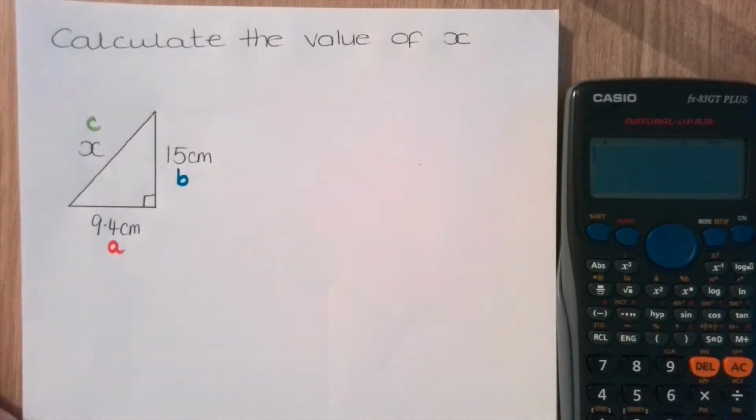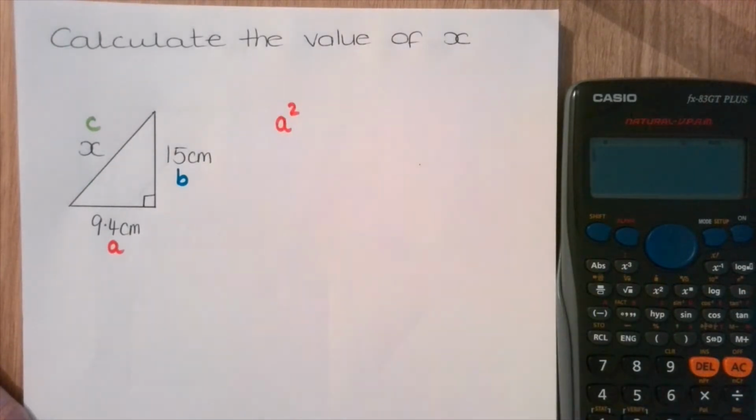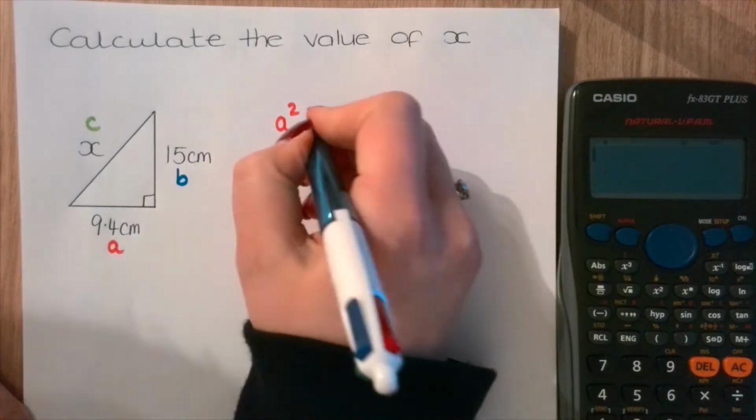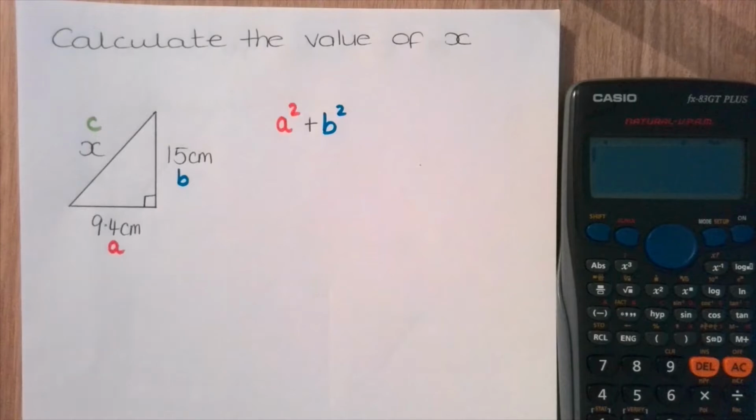The first thing I'm going to do is to write out my formula. So A squared plus B squared is equal to C squared.